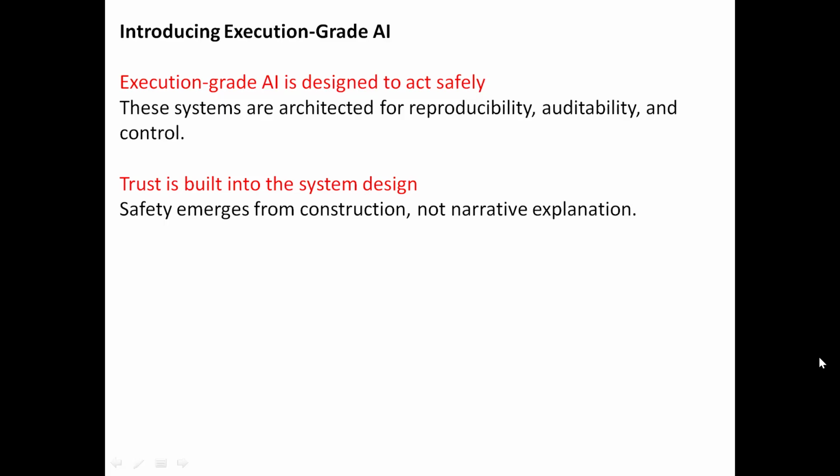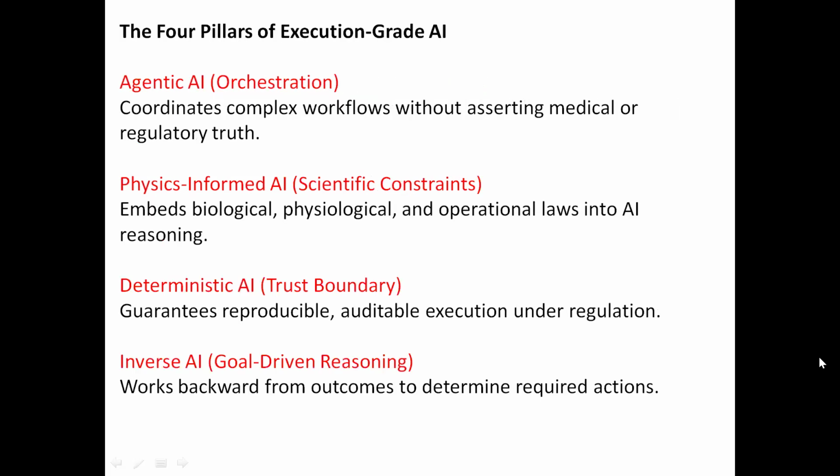For example, with ChatGPT, based on a large language model, every time you ask the same question, it gives you a slightly different answer, right? We don't want that. Trust is built into the system design, so safety emerges from construction, not from narrative explanation.